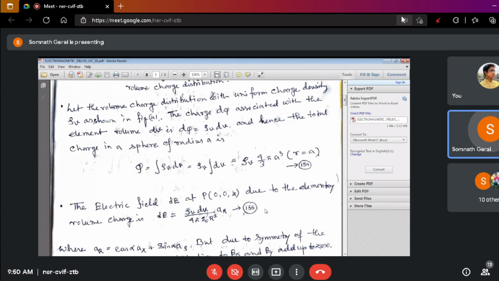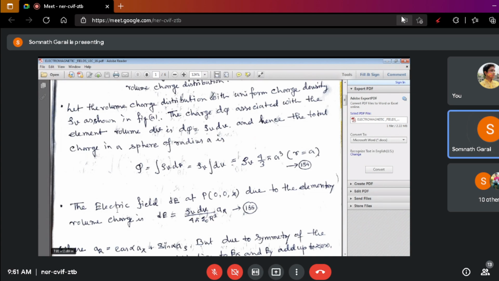Now we know that due to the elementary volume charge, we are already familiar with this equation, that dE is equal to rho v dV divided by 4 pi epsilon naught r square into AR. This equation was already proved in the earlier class.